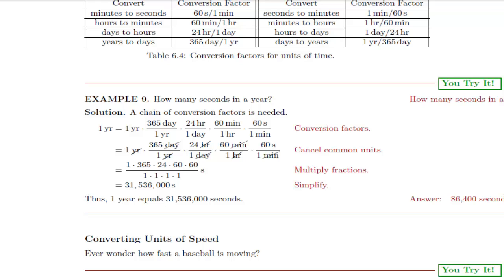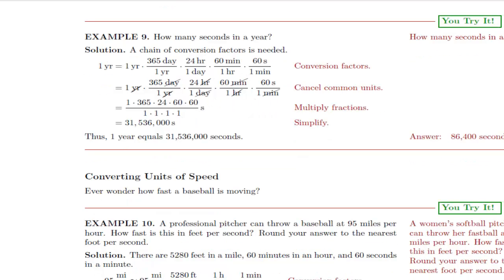The old units cancel: years, days, hours, and minutes. We're left with 1 times 365 times 24 times 60 times 60 over 1 times 1 times 1 times 1 seconds, which simplifies to 31,536,000 seconds. Thus 1 year equals 31,536,000 seconds.